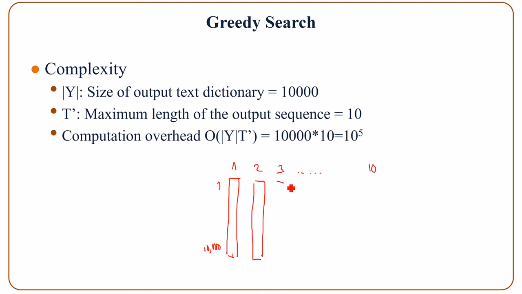So then eventually the computation overhead is 10,000 times 10, which is 10 to the power of 5.